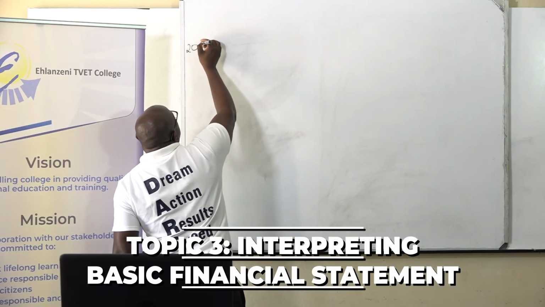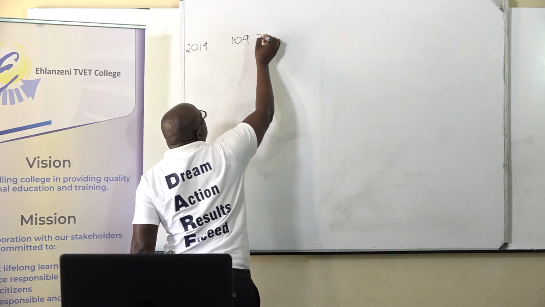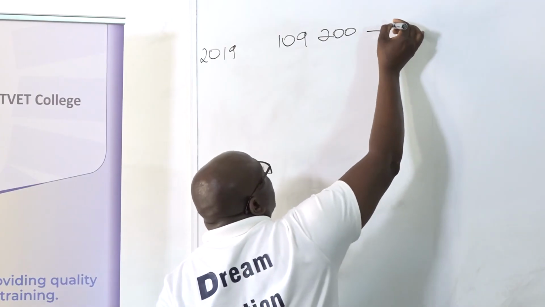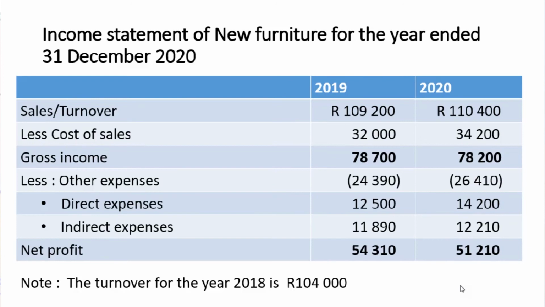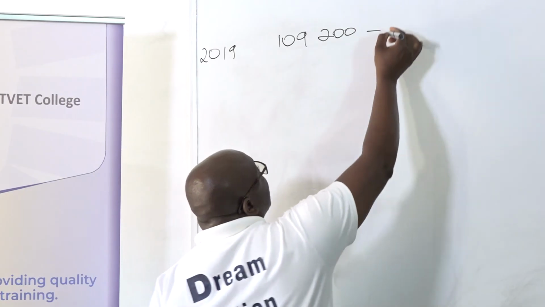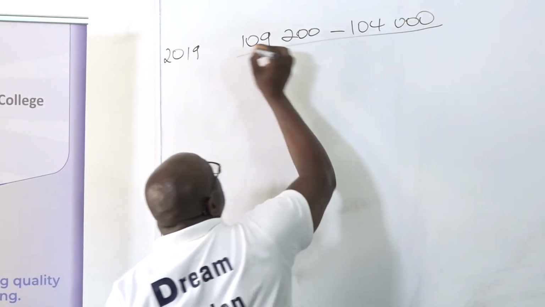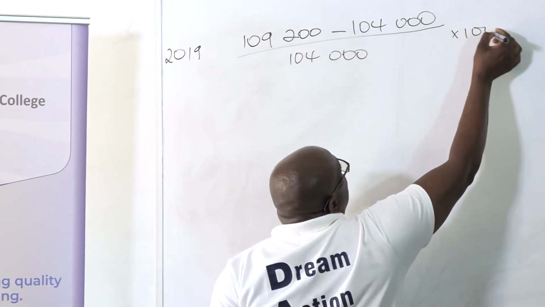In 2019, the turnover for the year is 109,200 minus our turnover for the previous year, which is given as the turnover for 2018, which is 104,000. We divide by 104,000 and multiply by 100.